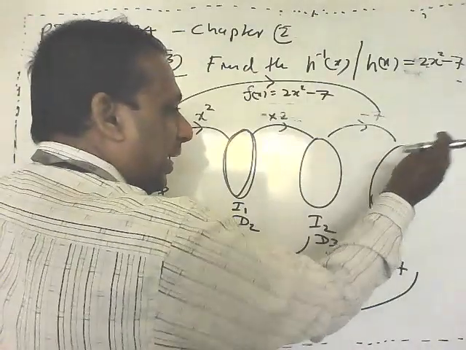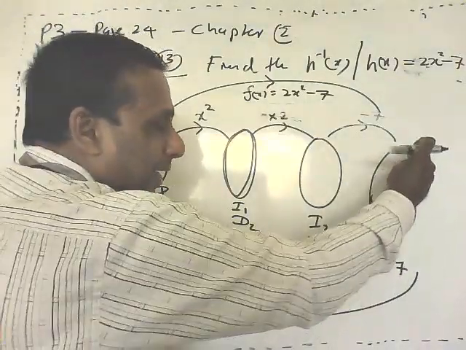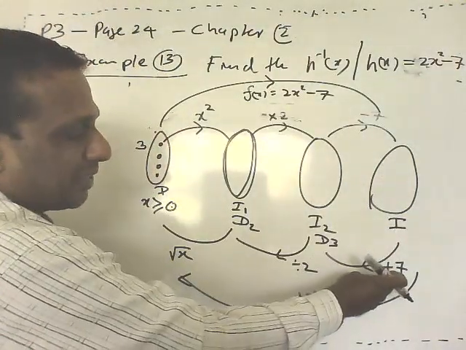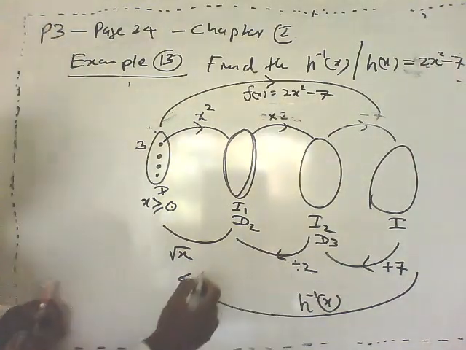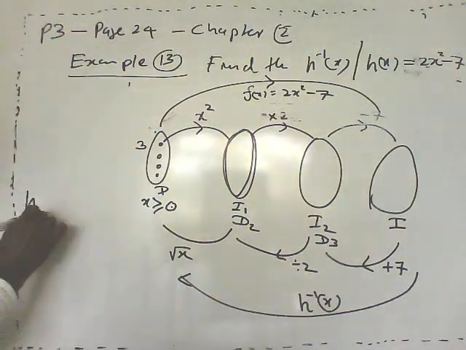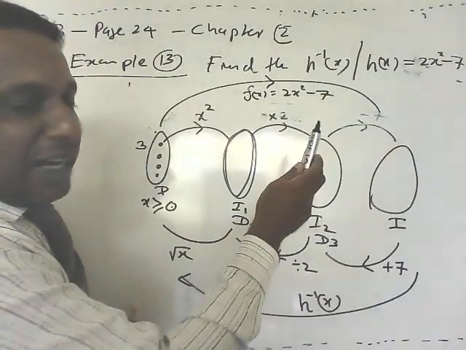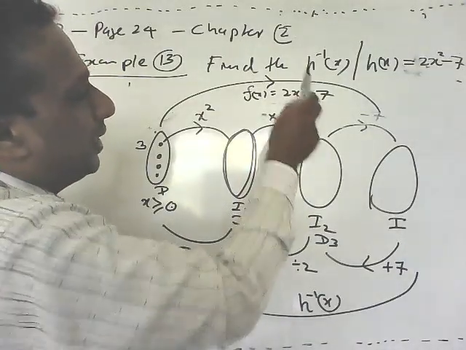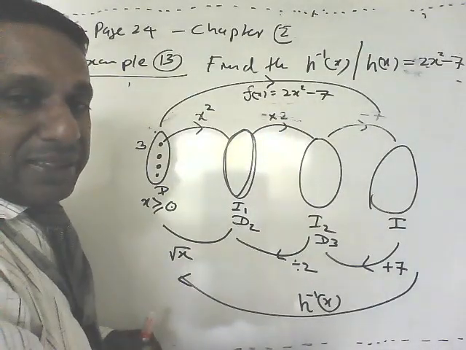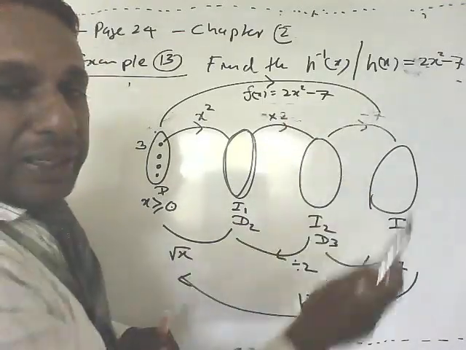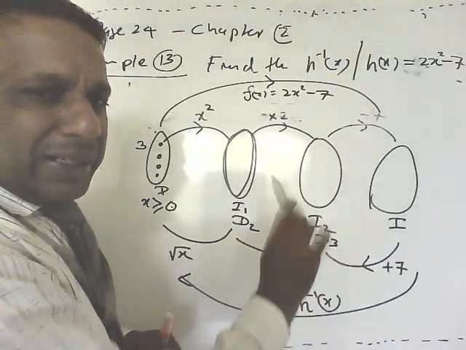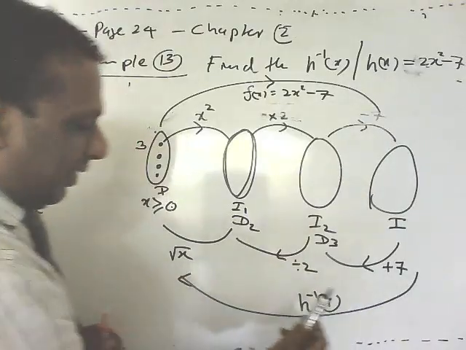If you take the x value from the domain, that value should be plus 7, then divide by 2, and then square root. So we will write that. We are not going to use the grade 10 method of putting y here and x here, swapping x and y, and making y the subject again. Without that, this is the fundamental understanding.